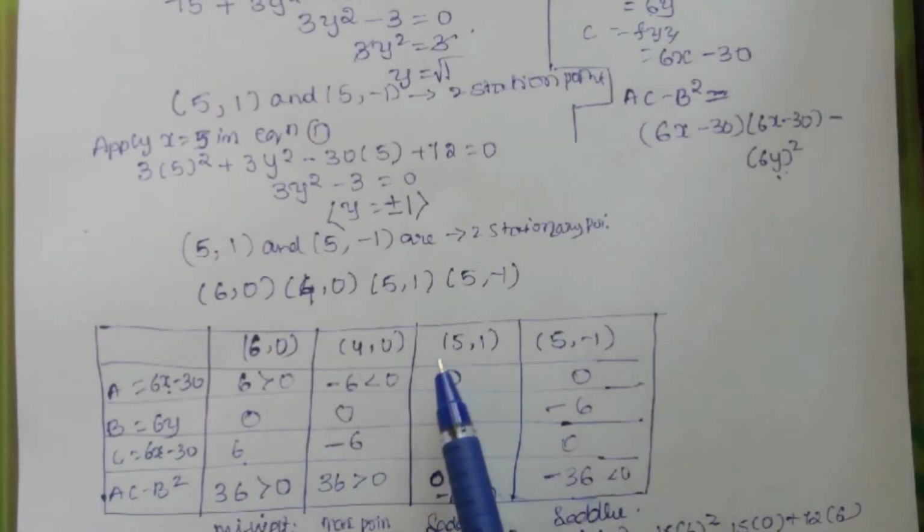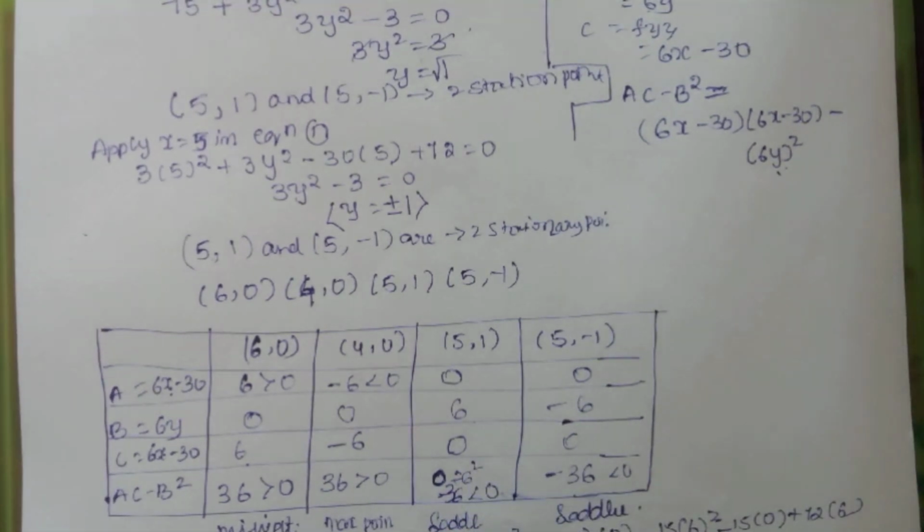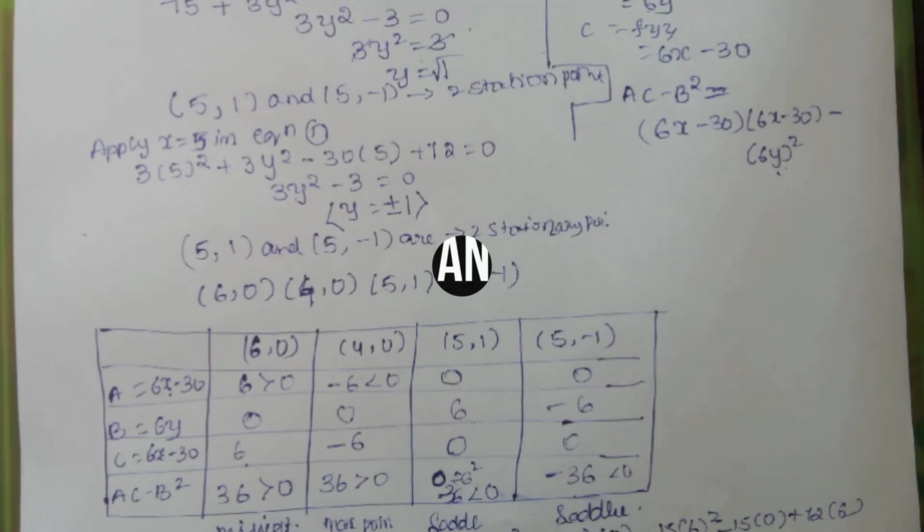As we apply 5 in the place of x and 1 in the place of y, we get 0, 0 and -36, so this becomes a saddle point. Here also it is a saddle point. When we apply (6, 0) and (4, 0) in the given question, we get the maximum and minimum value. This completes the second problem.